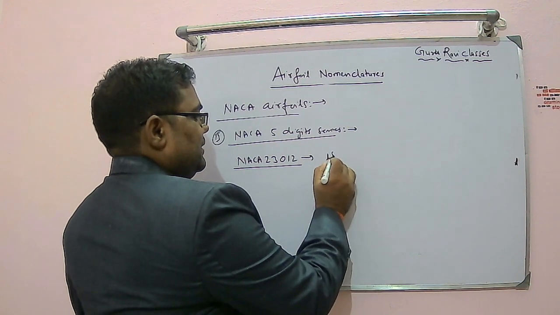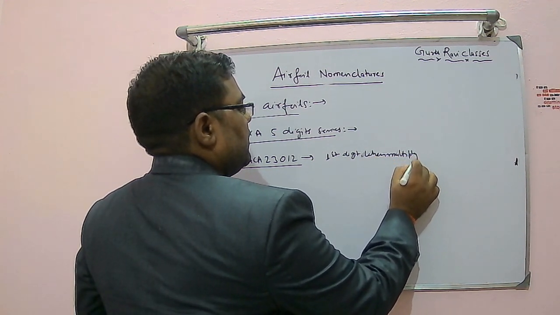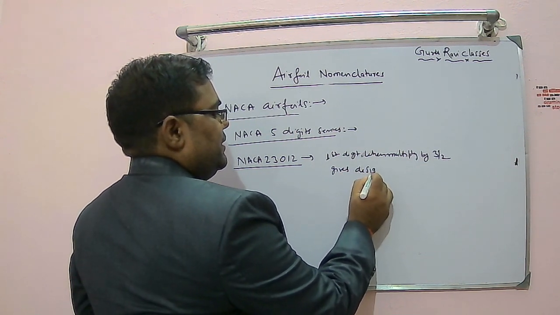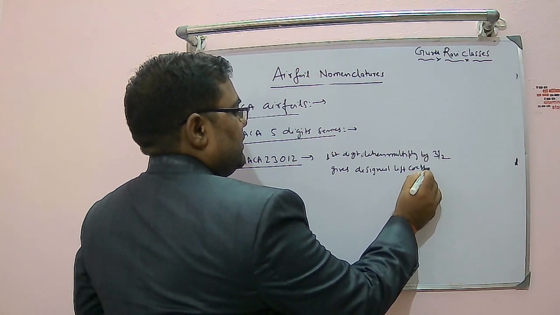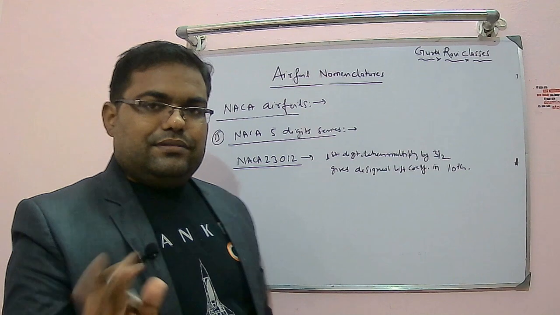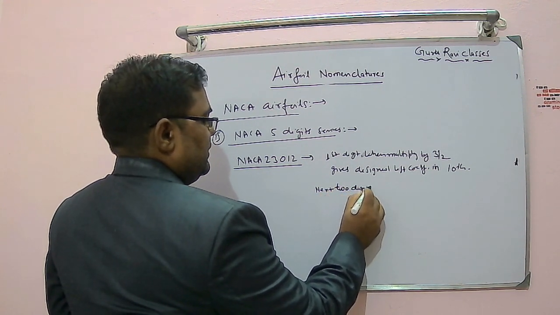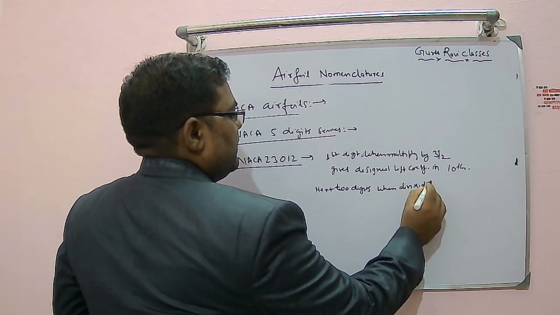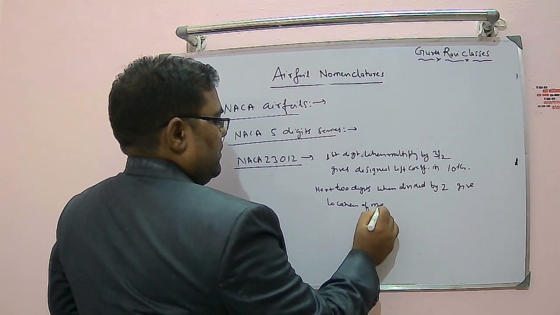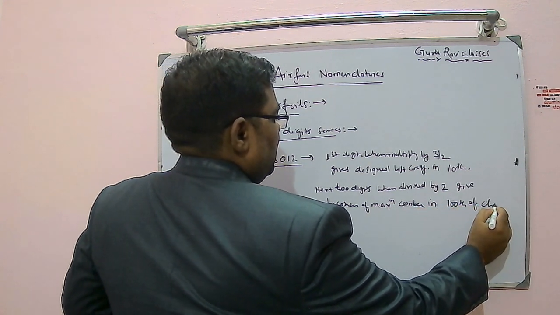The first digit, when multiplied by 3/2, gives the design lift coefficient in tenths, 1/10th, right? The next two digits, when divided by 2, give the location of maximum camber in hundredths of the chord, right?